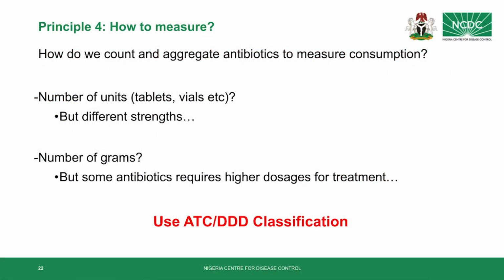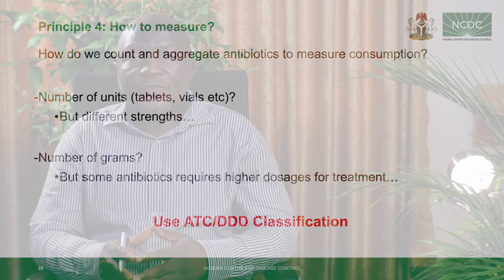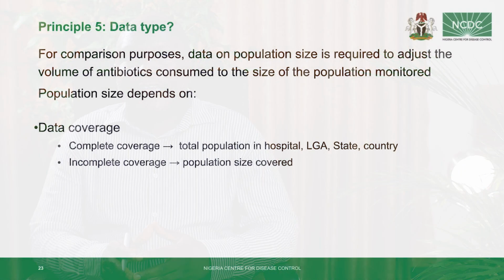Principle number four, how to measure. How do we count and aggregate antibiotics to measure consumption? You can do that by number of units, either in tablets or in vials. You can do that in number of grams. Principle number five, data type.